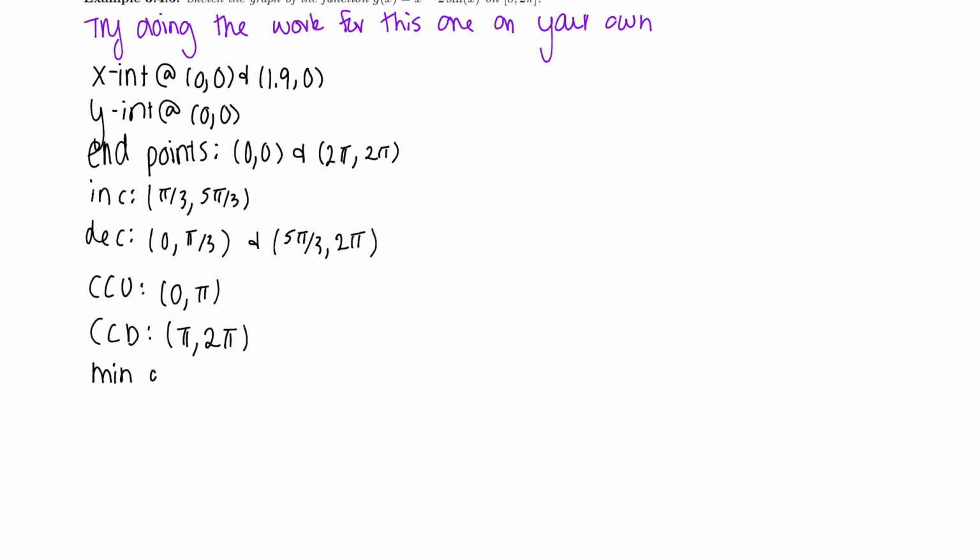There's a min at pi over 3, comma, negative 0.7. Well, I'll give you the exact number here. Pi over 3 minus root 3. There's a max at 5 pi over 3, comma, I guess I say 7-ish.